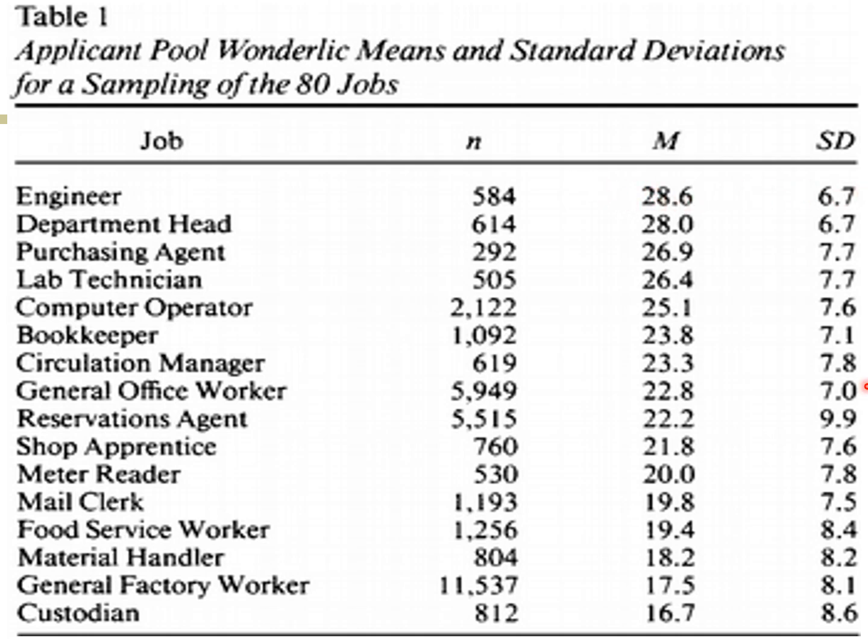And with these pieces of information of central tendency and variability, then we could calculate z-scores. And then we could compare, not just whether engineers, for example, score higher than lab technicians. We can see that they do, but we also want to factor in, as we'll find out, the variability to be even more sure that engineers are meaningfully higher than, for example, computer operators in terms of Wonderlic scores.